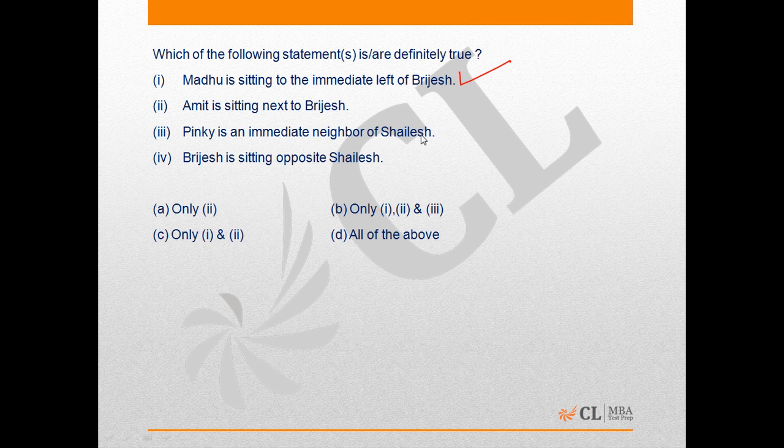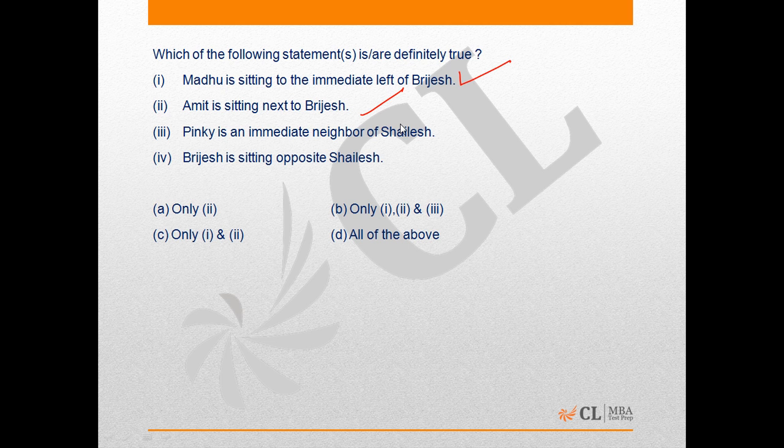Second statement is Amit is sitting next to Brijesh, which is again true. In the third statement, it is given that Pinky is an immediate neighbor of Sailesh, which is not definitely true, as in the first case Pinky is an immediate neighbor of Sailesh, but the same does not hold in the second case. Therefore statement 3 is not definitely true.